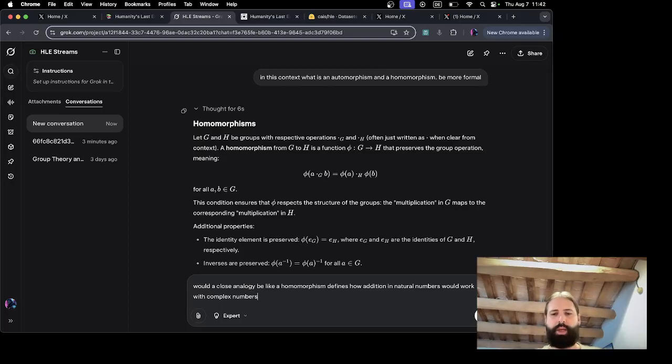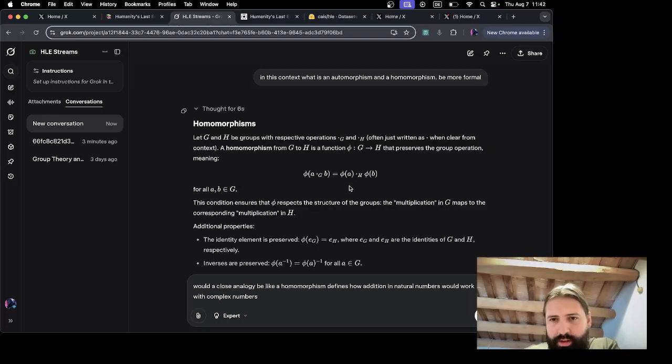Natural numbers and complex numbers being two separate sets or groups, because they have elements and operations, and essentially the homomorphism is a definition of how the addition operation should behave.